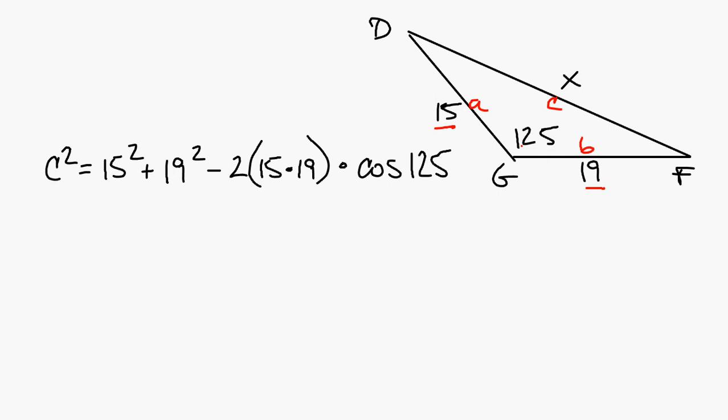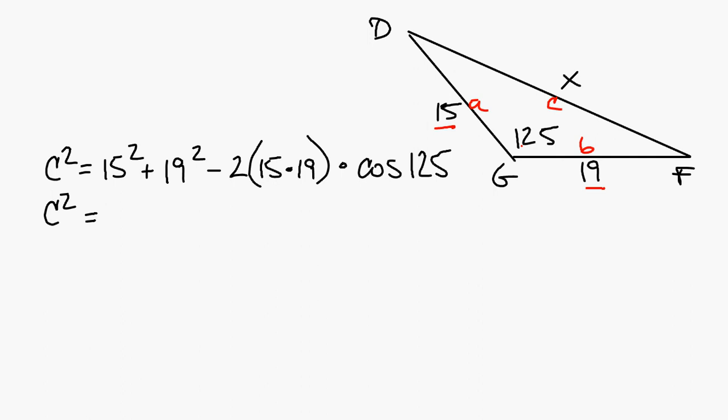Try it this time. I wonder what will happen if you just type it straight across, just the way that it's written down there. So 15 squared plus 19 squared. Push equals.